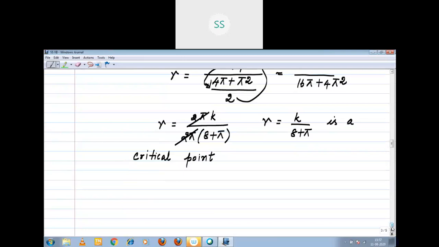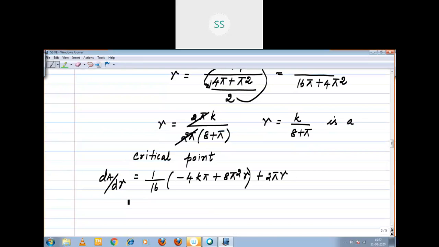First order derivative dA by dr equal to 1 by 16 into minus 4k pi plus 8 pi square r plus 2 pi r, right? Now d square A by dr square equal to the first term.